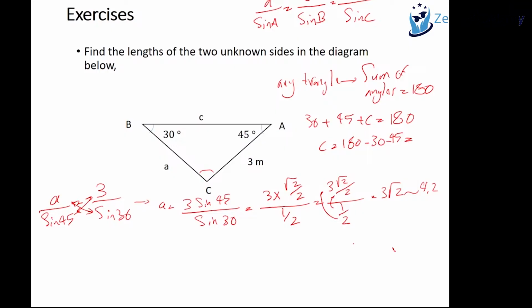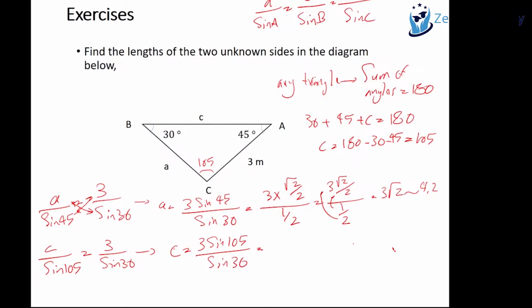So 30 plus 45 would be 75, so it would be 105. Now I can use the sine rule again, would be C over sine 105 equates 3 over sine 30. So if I write this again, would be 3 sine 105 over sine 30.